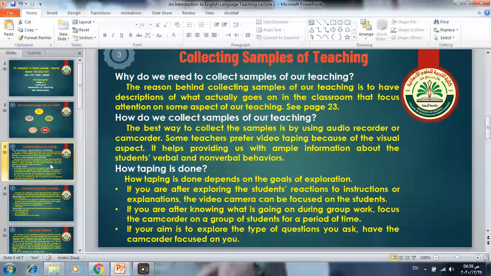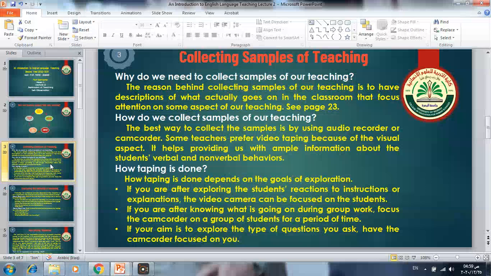If your goal is different, if you are after knowing what is going on during group work, focus the camcorder on a group of students for a period of time. So sometimes you assign group work to your students, and you have many students inside the classroom, so you have different groups of students.